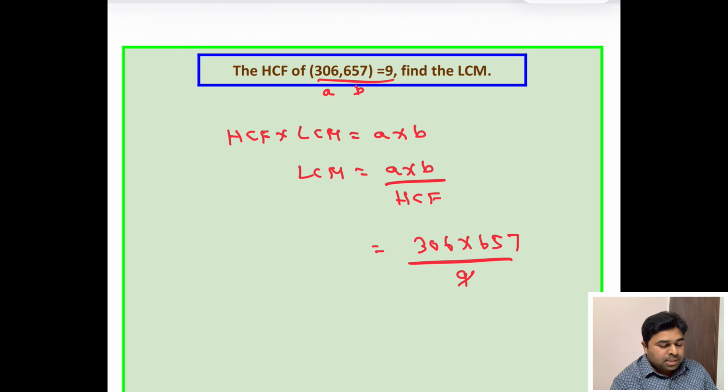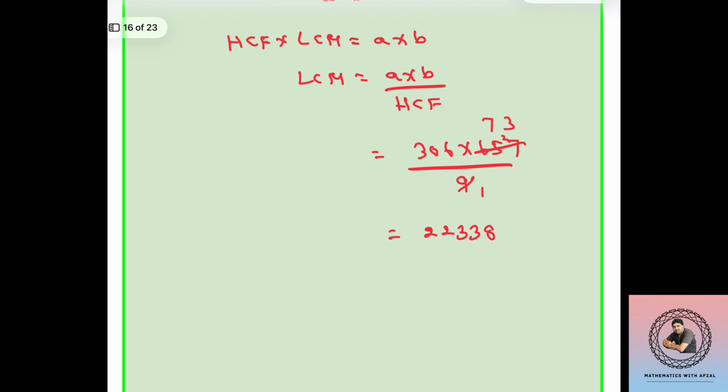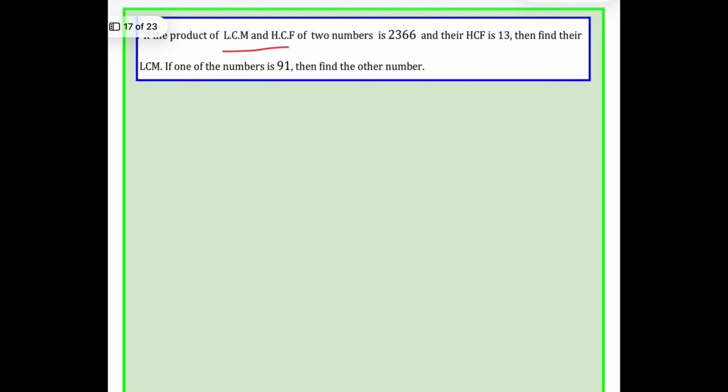We cancel: 9 ones are 9, 9 sevens are 63, remainder 2, 9 threes are 27. 306 into 73, if you multiply, we will get the answer 22,338.